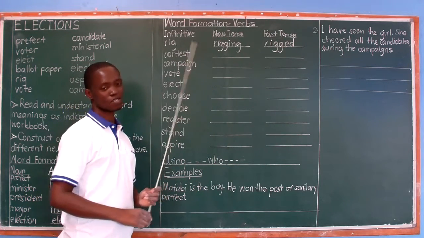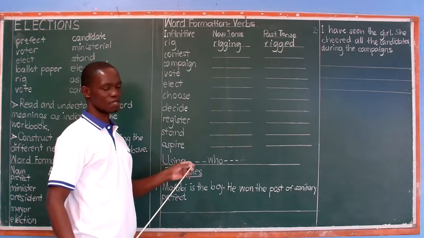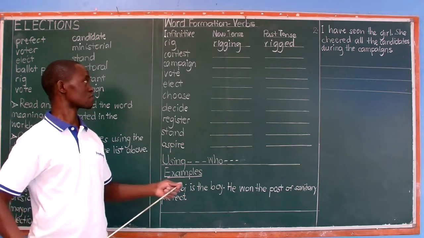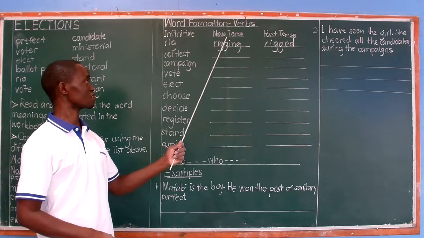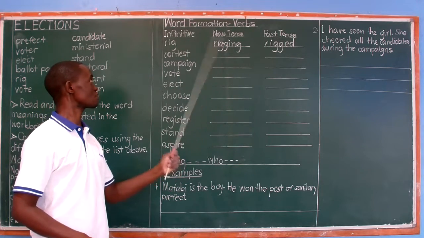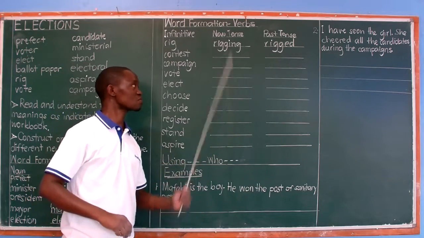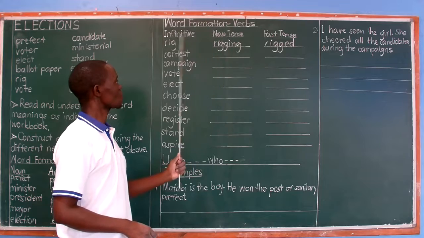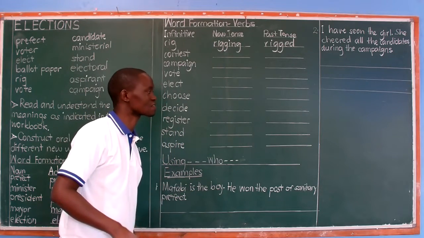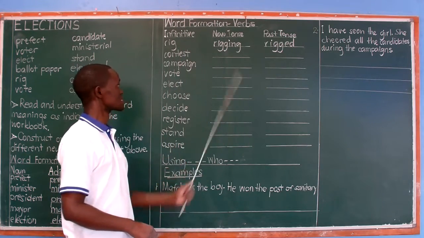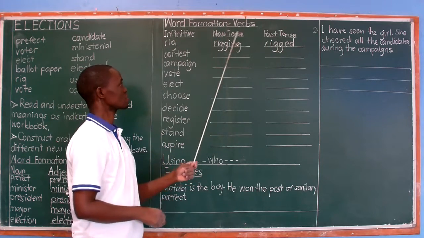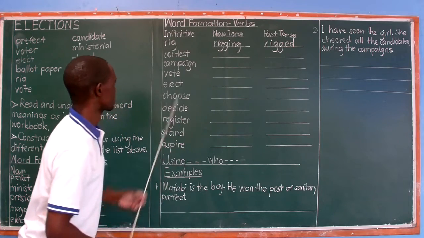Then here we have the now tense. The now tense is what we call the ing form in maybe upper primary. We talk about the ing form of a verb, that is reading, from read. Then the past tense of read is read. Meaning, all these other words we are adding in this list are formed from these ones and they are verbs. That's why we're talking about word formation, and under word formation this time we're looking at verbs.